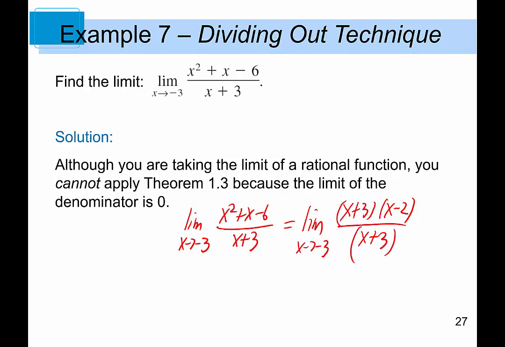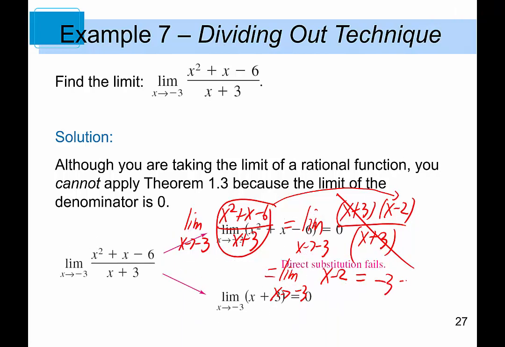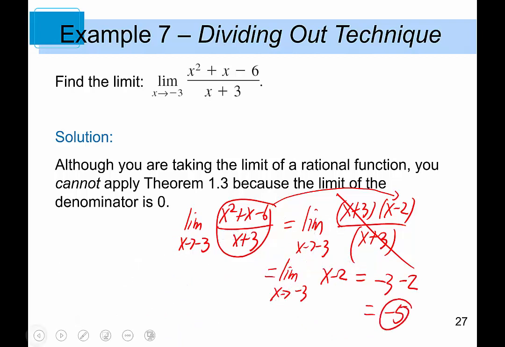Now you can see you have the same factor on both numerator and denominator, so we cancel that. Now we transform this function to this function. So now you have the limit as x approaches -3 of x minus 2. And this is a polynomial of first degree, so we do direct substitution, replace x with -3. So we get -3 minus 2 equals -5. Okay, so the answer is -5.